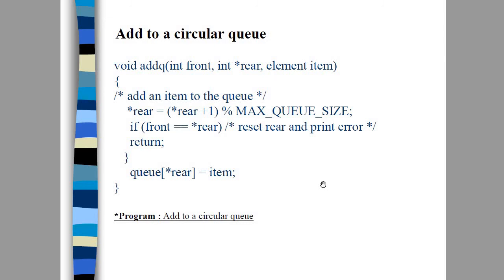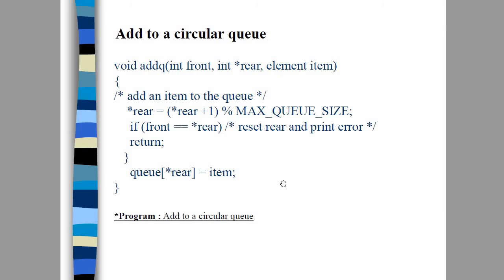But in the circular queue, how will we do it? Rear plus 1 mod maximum capacity of the queue will give it. Okay, so that will help us to perform the wraparound.